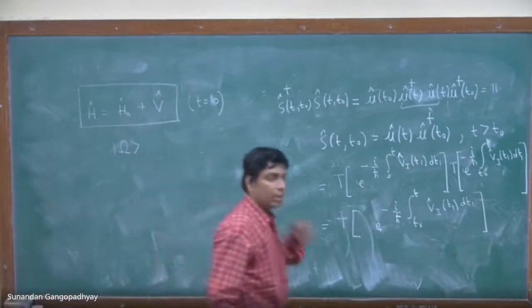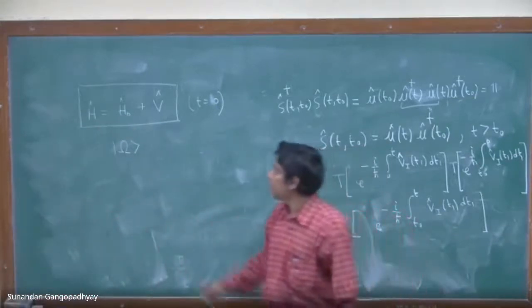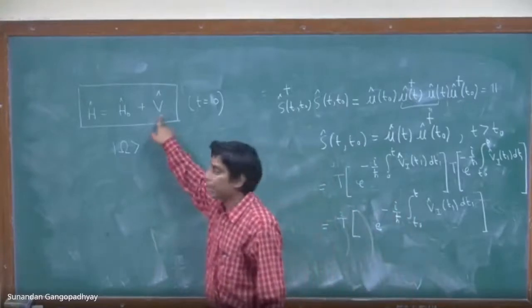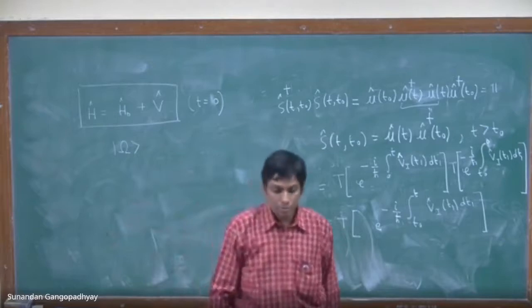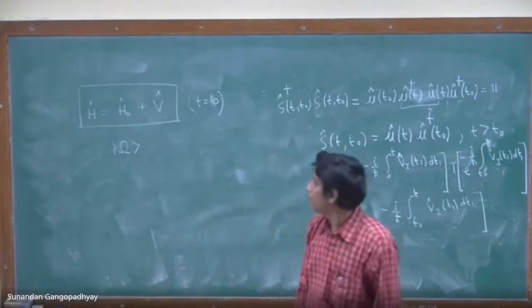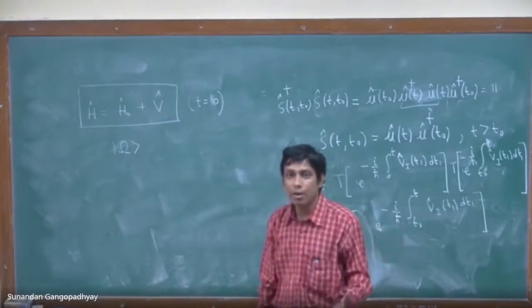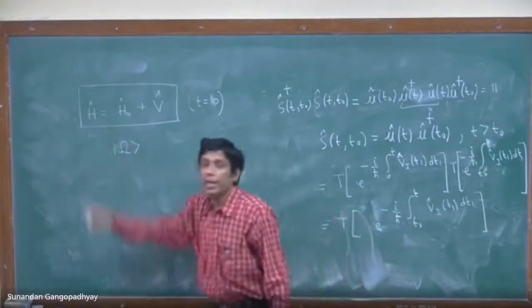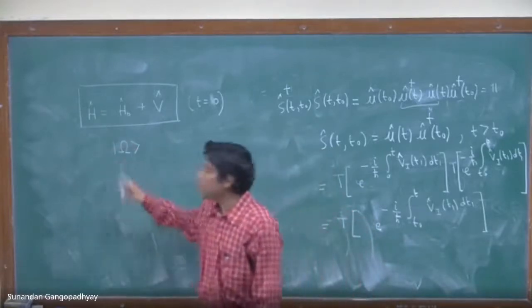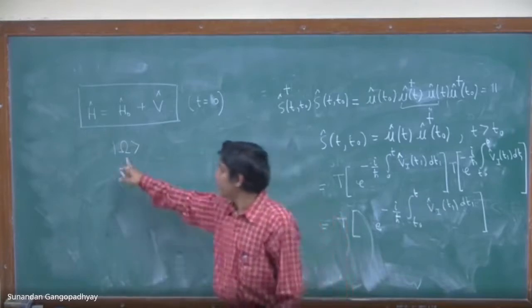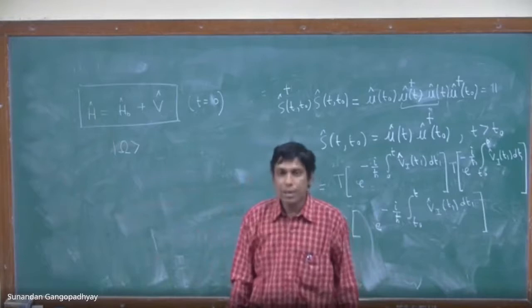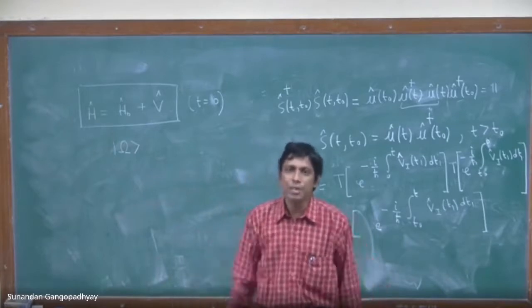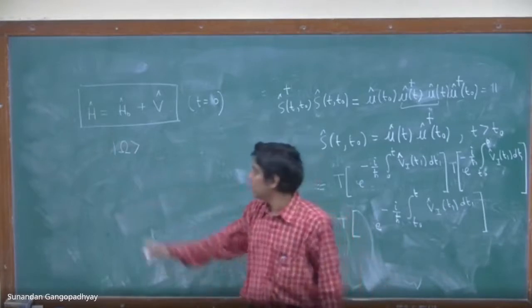This is the interacting part, and this term makes it difficult to find the exact ground state of this full Hamiltonian H. Let the exact ground state of this full Hamiltonian be denoted omega. This is a time independent state, because we are looking at time t equal to 0, say.